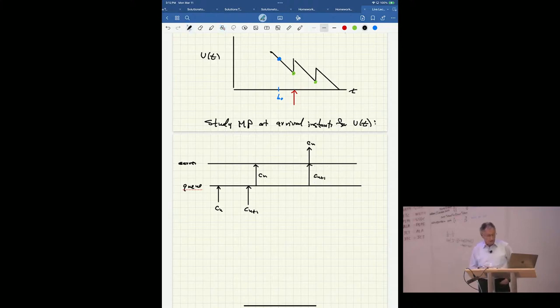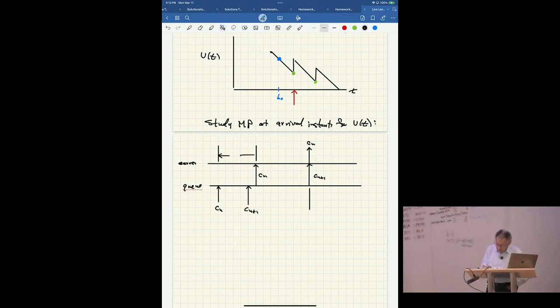Okay, now let's label some things. I want to put some indicators here when Cn arrives, when he goes into service, and when Cn plus 1 goes into service. And I'm going to label some things. First of all, I'm drawing a period here.